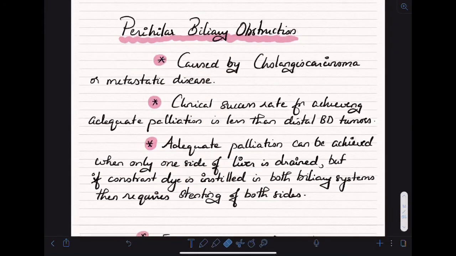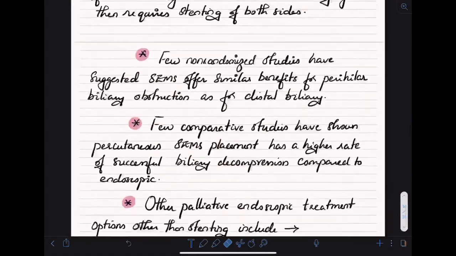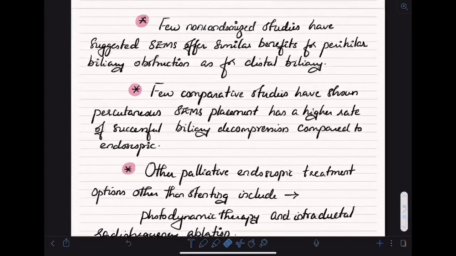Perihilar biliary obstruction is caused by cholangiocarcinoma or metastatic disease. The clinical success rate for achieving adequate palliation is lower than for distal bile duct tumors. Adequate palliation can be achieved when one side of the liver is drained, but if contrast dye is instilled in both biliary systems, then stenting of both sides is required. A few non-randomized studies have suggested SEMS over plastic stents, with similar benefits for perihilar biliary obstruction as for the distal biliary.